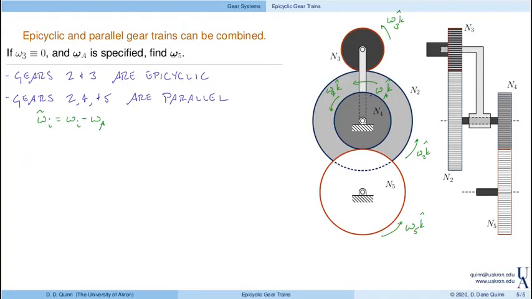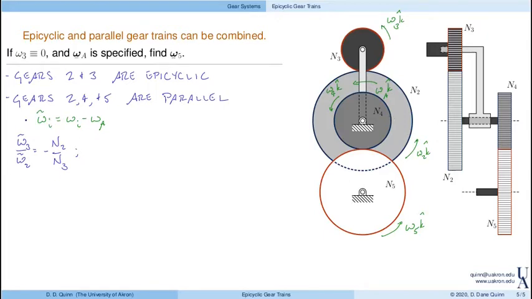So, looking at the epicyclic gear train, omega 3 tilde divided by omega 2 tilde is minus n2 divided by n3. Now, we're going to go through and relate the speeds of conjugate gears, right? So 2 and 3 are conjugate, right? They're acting together. And this is their relationship.